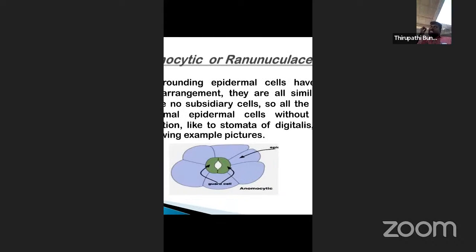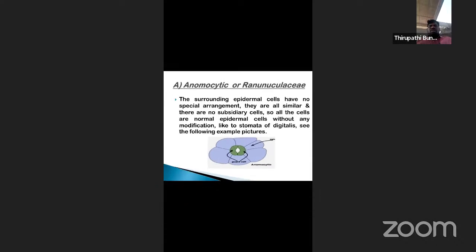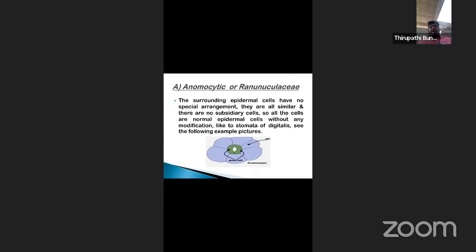Examples of anomocytic: Tridax procumbens shows anomocytic stomata. Next, Boerhavia diffusa and Cleome species.